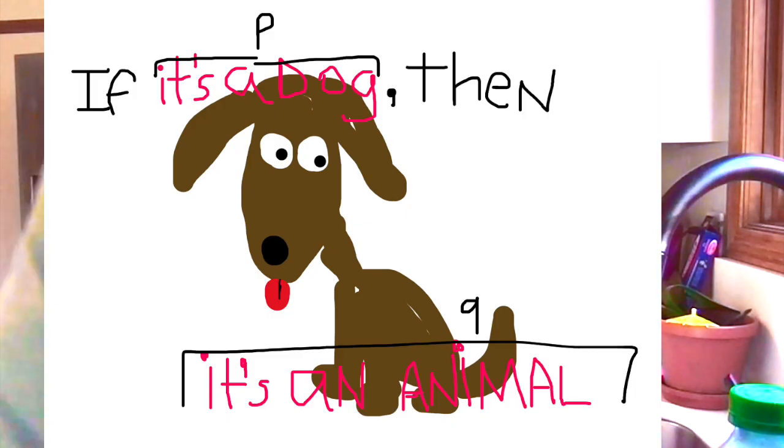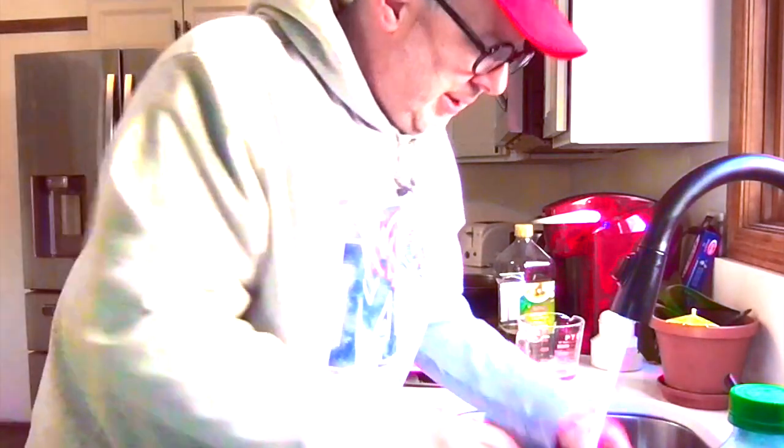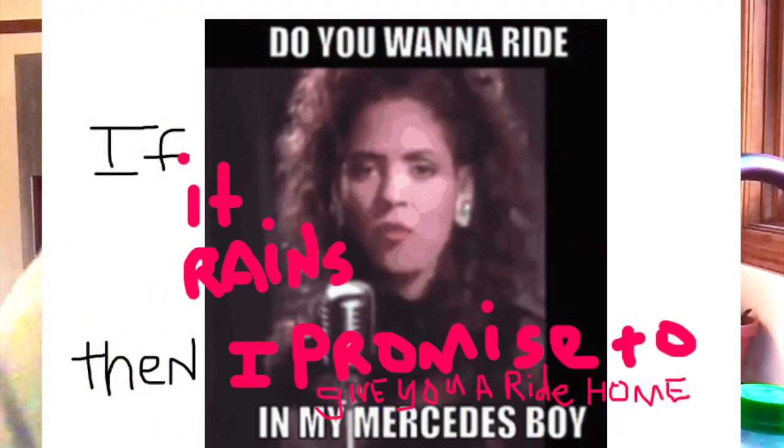If it's a dog, then it's an animal. If he works at Kirkwood, no, that's a bad one. Oh, I got one. If it rains, then I promise to give you a ride home. So these are all examples of conditional if-then sentences.